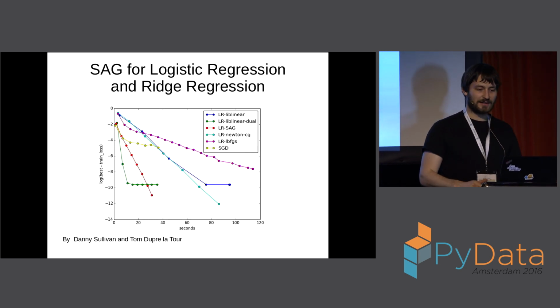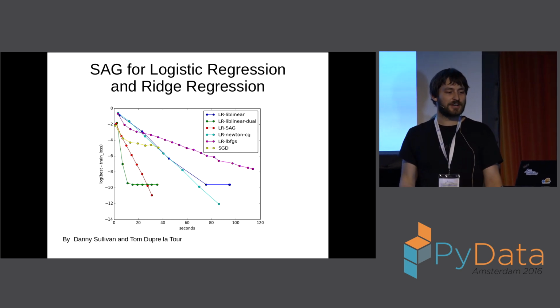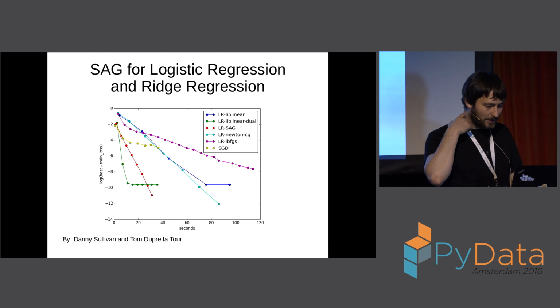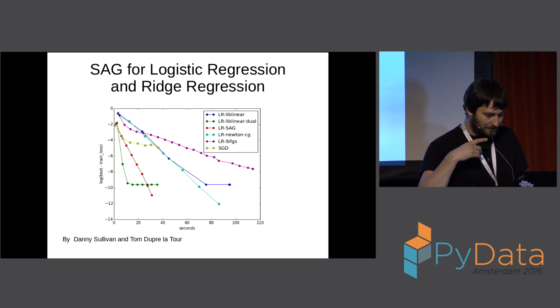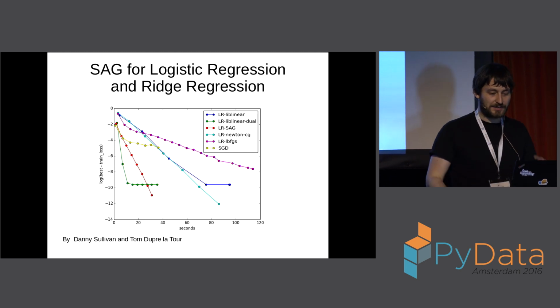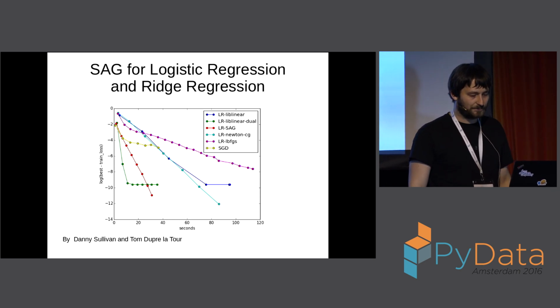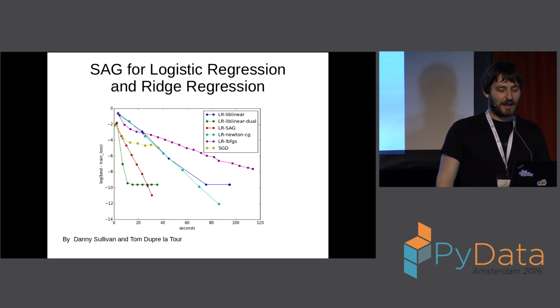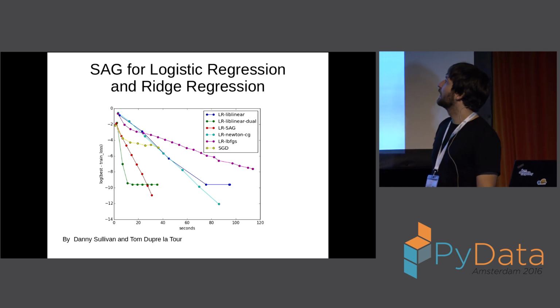We also added a new optimization for logistic regression and ridge regression called SAG. Here you can see a speed comparison. It depends a little bit on which data set you're working on, but for very large and very sparse data sets, this is very good.